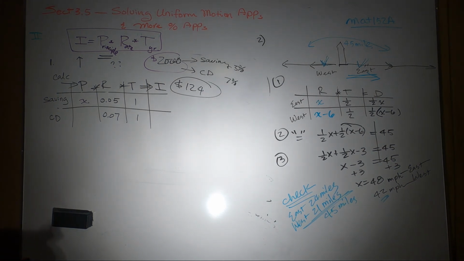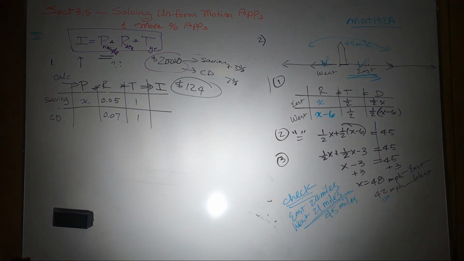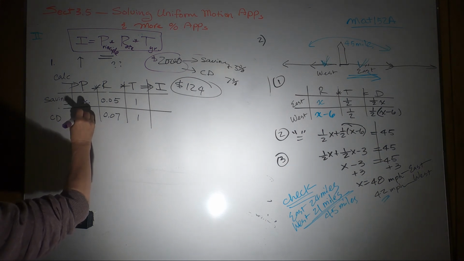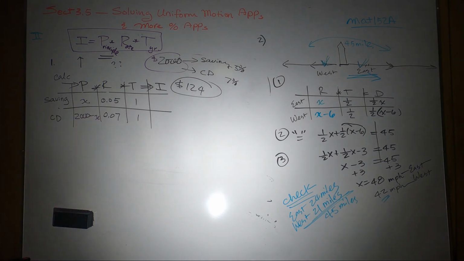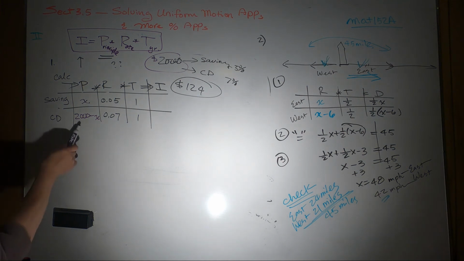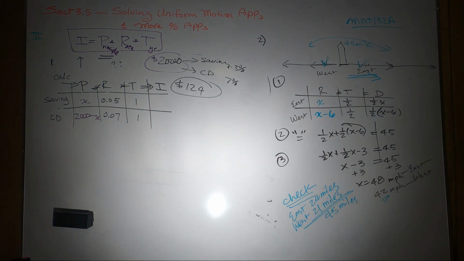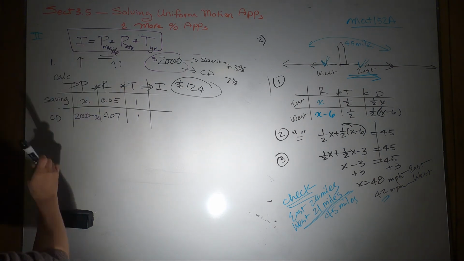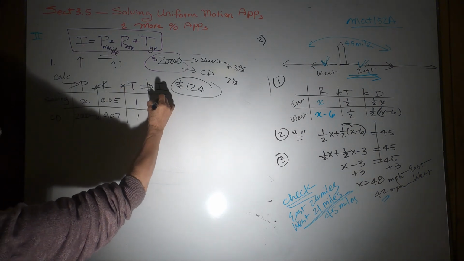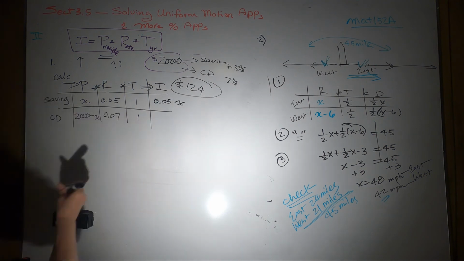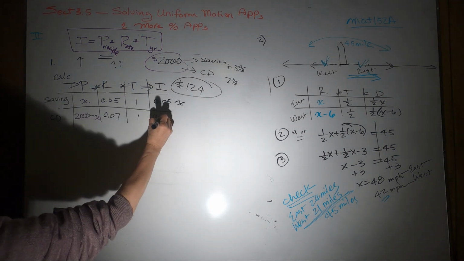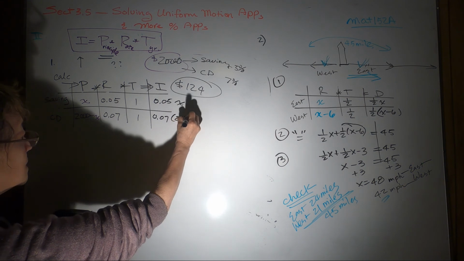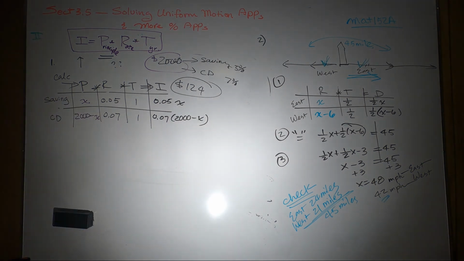Total $2,000, then x portion of it is put into the saving. So you take away x dollars from $2,000 for saving, then the remainder will be the CD, right? Then we use the calculation I equals PRT, so you multiply them together. Interest rate is this, right? And this one would be what? 0.07 times 2,000 minus x, right?